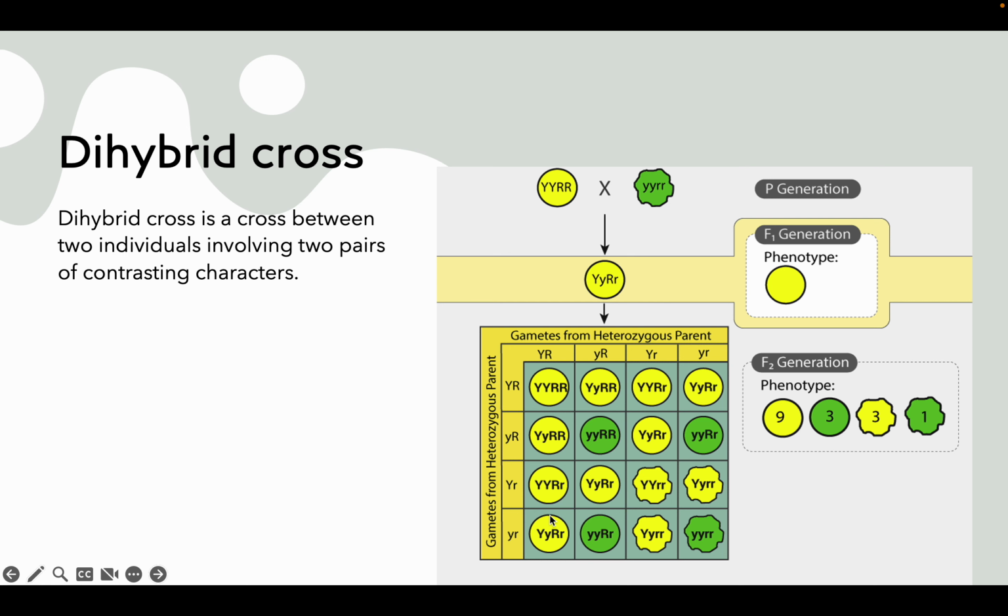Here you can see we get 9 with yellow color and round shape, in which the dominant alleles are present, 3 with green color and round shape, and then 3 with yellow color but wrinkled shape, because the r that controls the shape is recessive, and 1 in which all the alleles, small y and small r, are recessive. So the ratio that we get is 9:3:3:1.